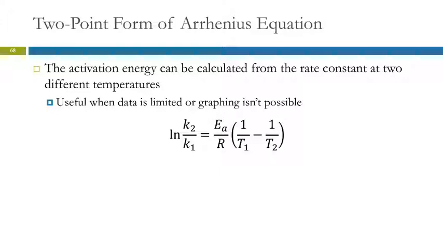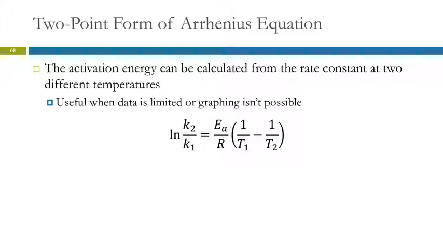This is taking that linear form and just looking at two points. All we need is an activation energy and temperature at two different instances. So if we have two temperatures and one rate constant, we can calculate the other rate constant, or we could calculate a temperature.